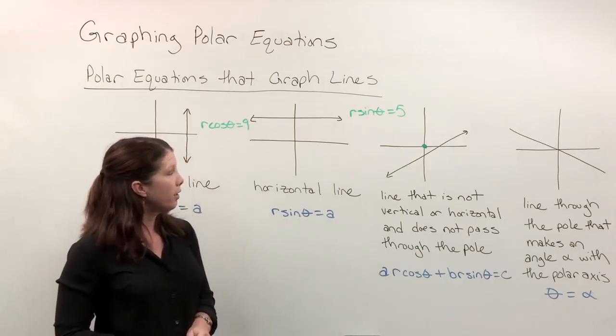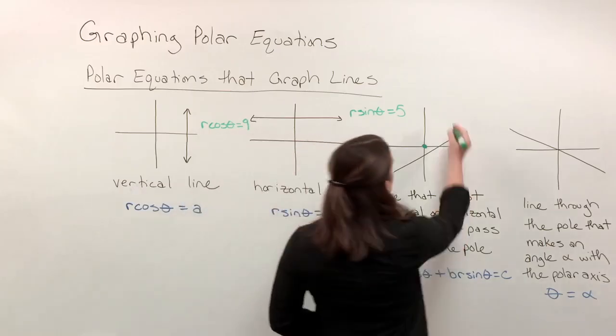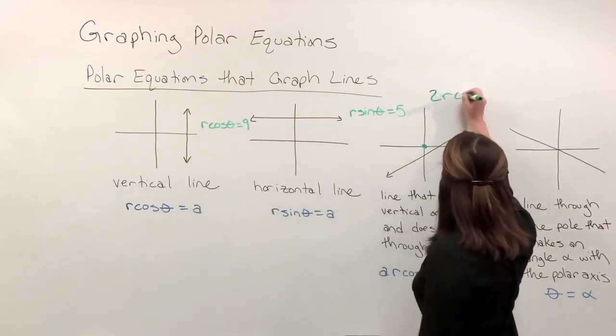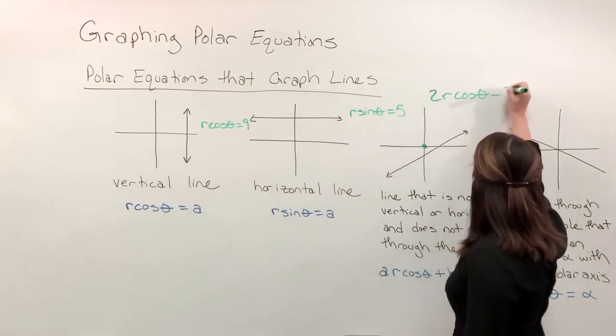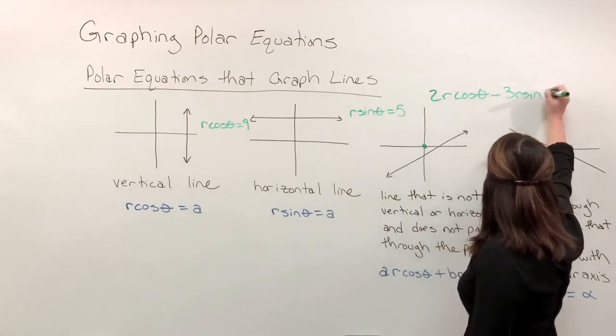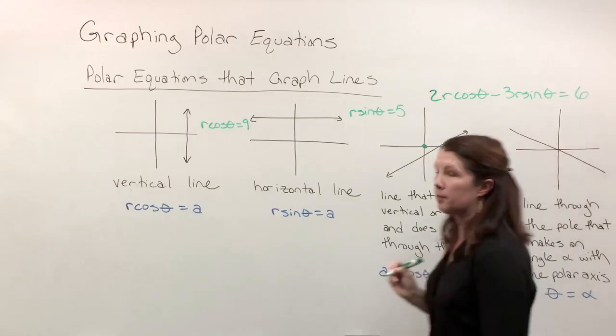So this equation might be in the form 2r cosine theta minus 3r sine theta equals 6.